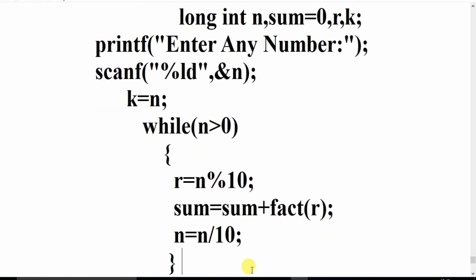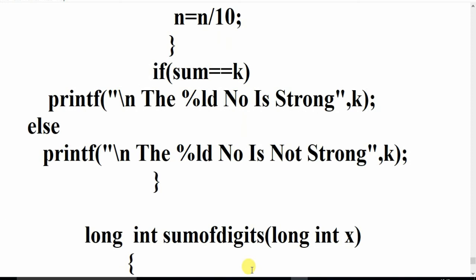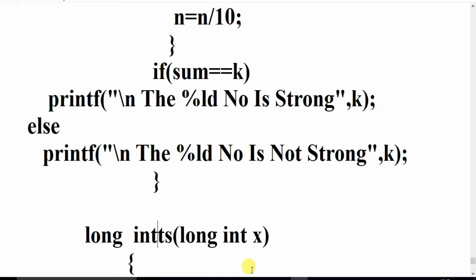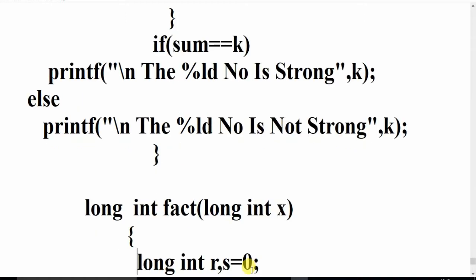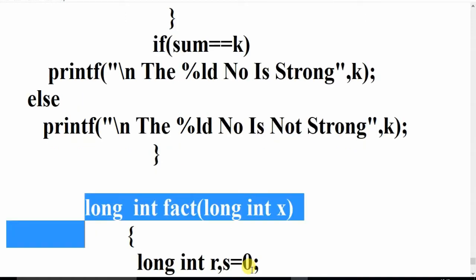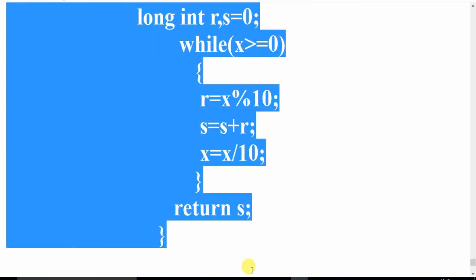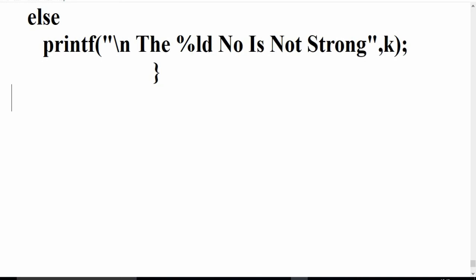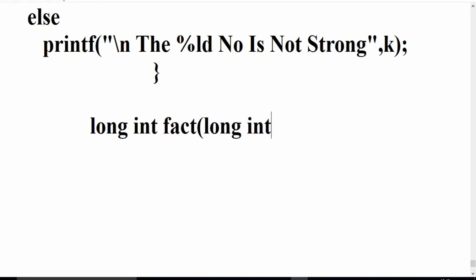So now the control is passing to the fact function. What is the fact function here? We are calling this function whose name is fact, with long int x as its parameter. We write the function definition: long int fact of long int, then the parameter variable name is x.